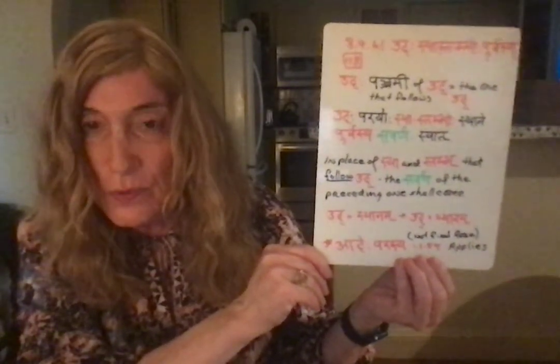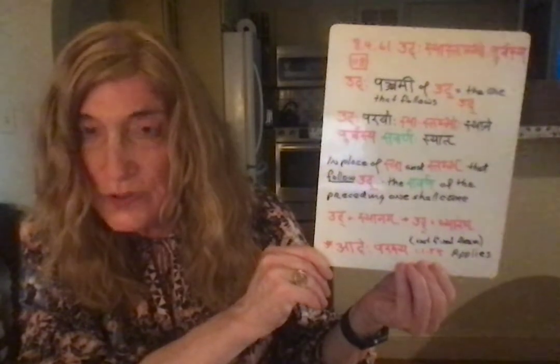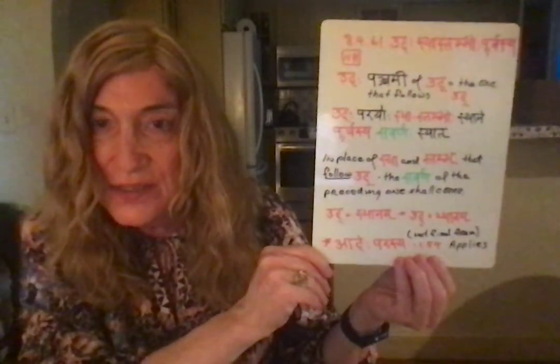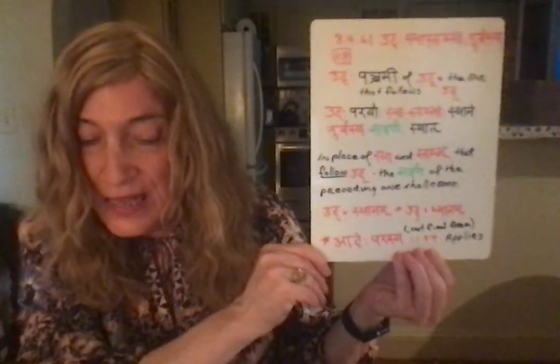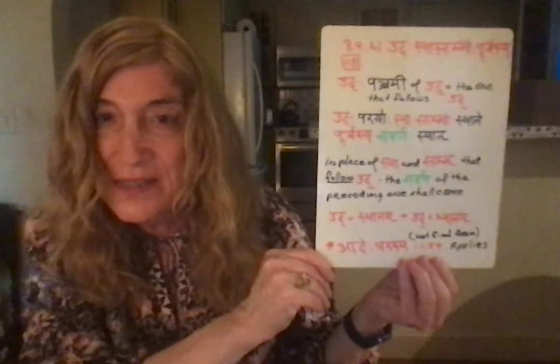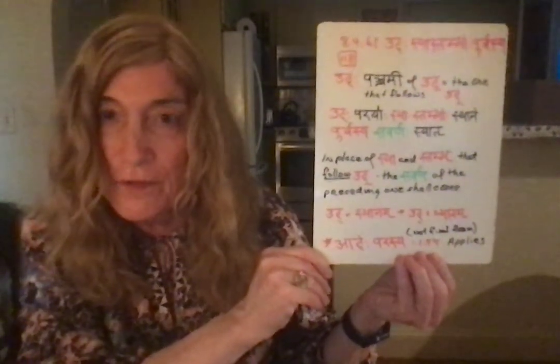So here we have ut, and the following one is the beginning of stha. The s of stha is replaced by the savarna of d, which leaves tanam, and that's not the final form.